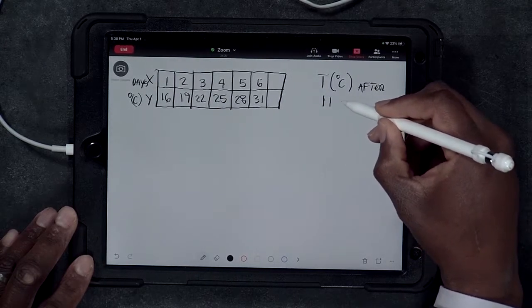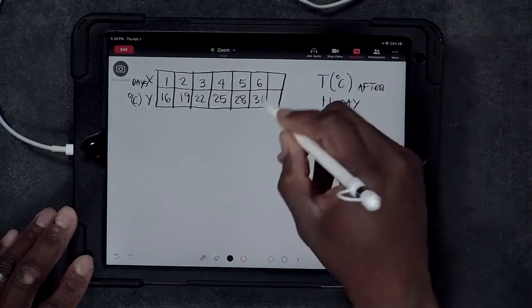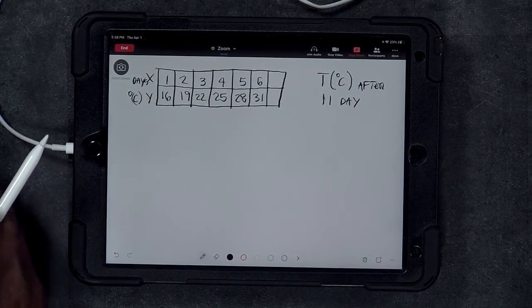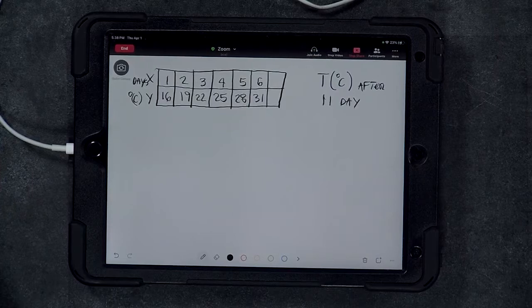Now, true enough, you can just continue to count by, in this case, 3. I understand that. But the thing that I'm trying to show you is that not only would you be able to find the temperature after 11 days, with a linear model, you can find the temperature after any number of days. That would be the benefit of coming up with a linear model that represents this data.